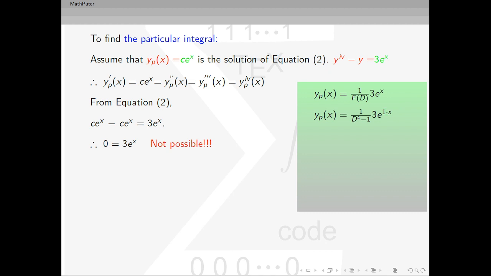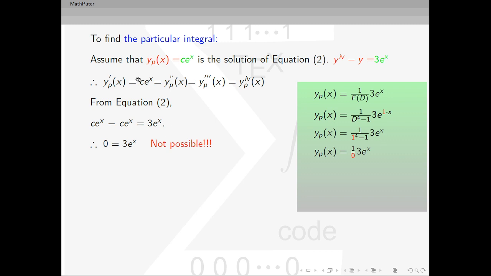So in the last method we substituted 3 in place of D. Here we have 1 in place of 3. So we substitute D equal to 1. When we substitute D equal to 1, this is 1 raised to 4 minus 1. So this is 0. 1 upon 0. 1 upon 0 is infinite or an undefined quantity, you can say. That means both the methods fail here, right?